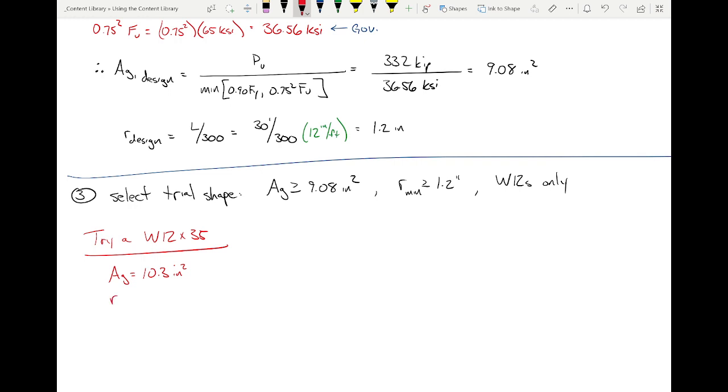So, what is that? Okay. What other dimensional properties are we going to need for this shape? Thickness of what? The flange. What is that?